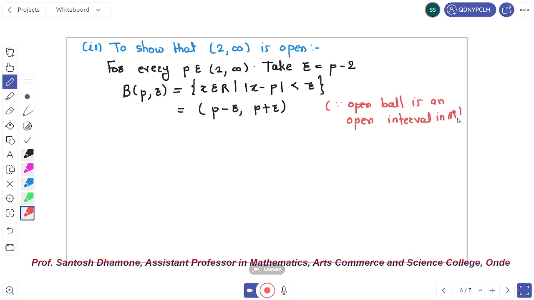This implies that the complement of F, which is equal to (minus infinity, 1) union (2, infinity), is open in R. This implies that F is closed in R. This is the simple solution of our problem. Now we discuss the second problem.